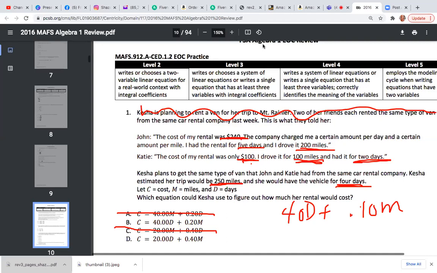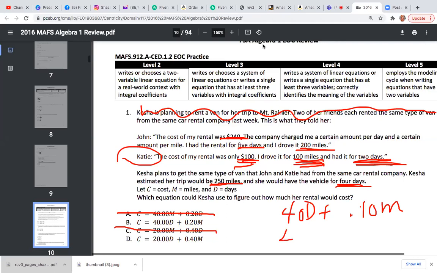We're going back to Katie first. Katie was charged $100 for 100 miles for 2 days. So which one of these equations, when we plug in the 2 days and the 100 miles, will give us $100? Let's look. If we do letter B, they're saying it's $40 per day, and she drove for 2 days.